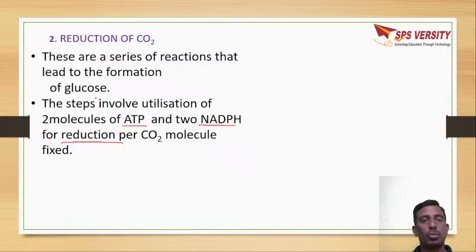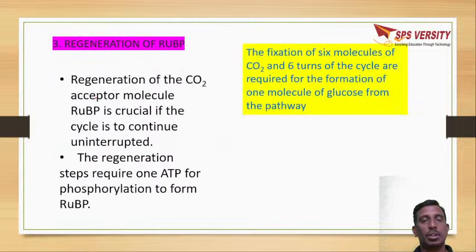Some molecules go for regeneration. In regeneration, RuBP is formed again. From a tricarboxylic, RuBP is formed again for continuing the cycle.